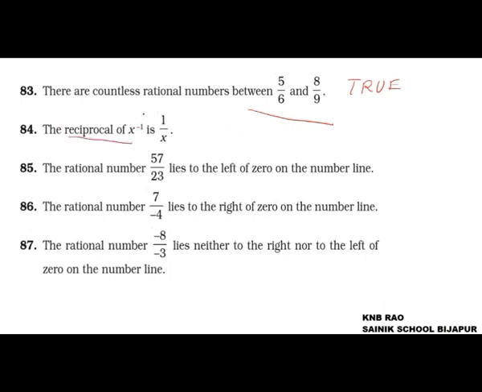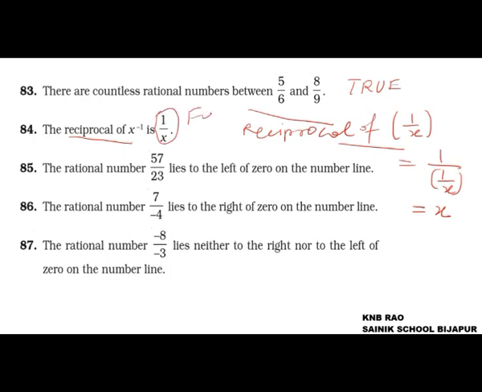I have to find the reciprocal of x power minus 1, which is 1/x. So the reciprocal of this is again 1 upon 1/x, which is nothing but x. That means what they gave is wrong. It's false.